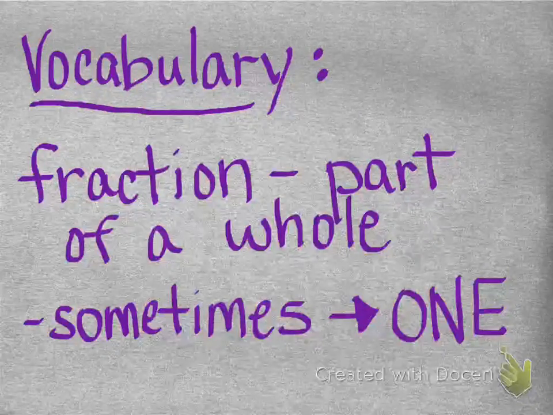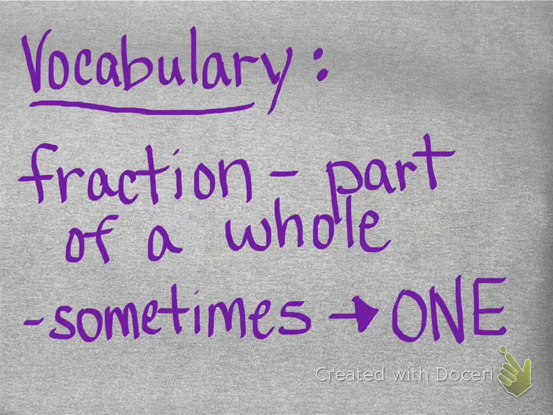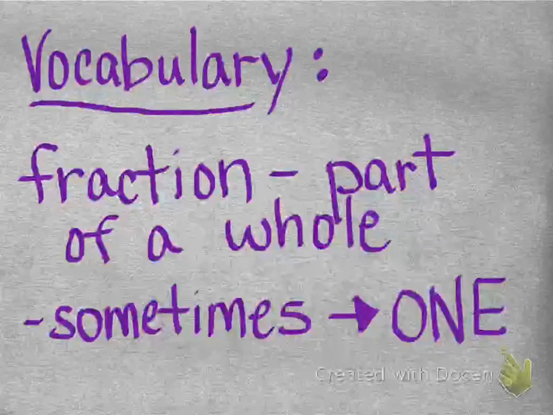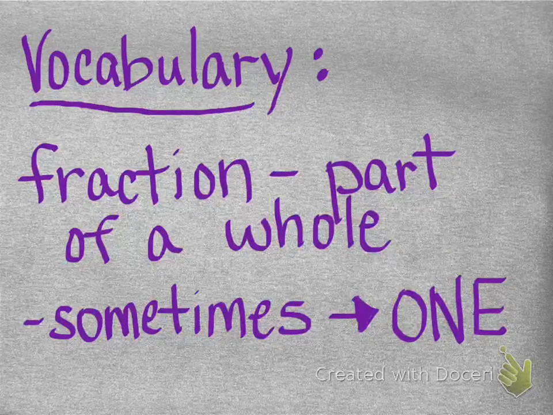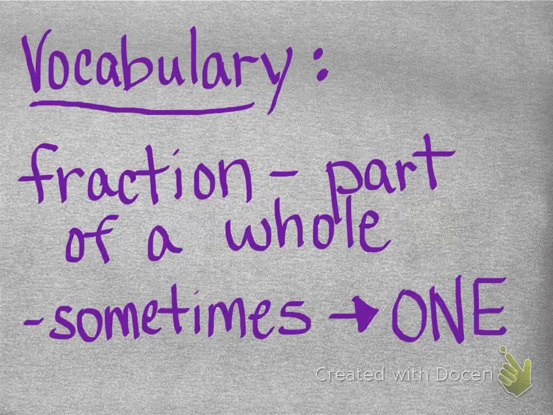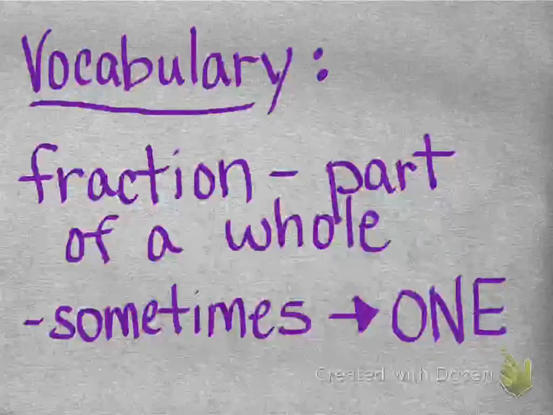So sometimes we refer to the whole as the one. So instead of saying the whole of something, you might be doing some work in class, and they might give you an object and say that it is the one, meaning that would be the whole that you would have to use in those particular problems.